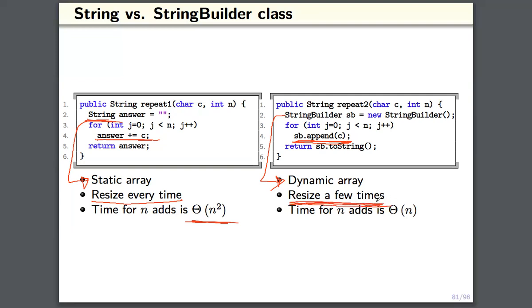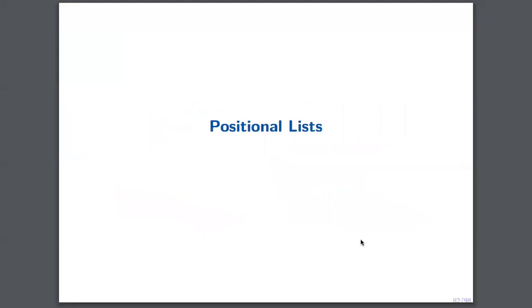And we saw earlier using amortized analysis, if you consider the sequence of operations, on an average adding one character takes theta one time. So adding n characters takes theta n time. Very similar code, one for loop, but one runs in theta n squared, one runs in theta of n time. Hence, the knowledge about data structures and analysis of algorithms is important.